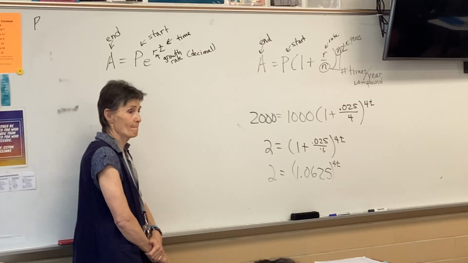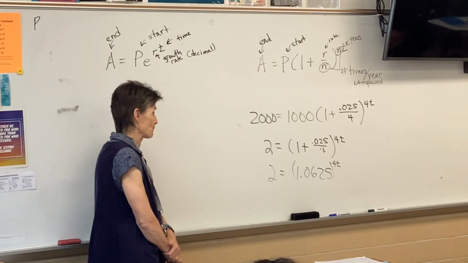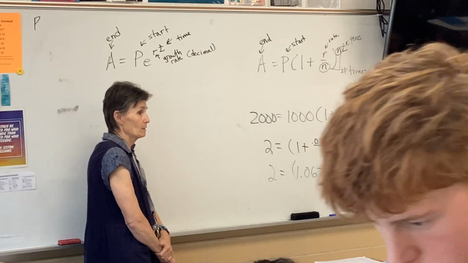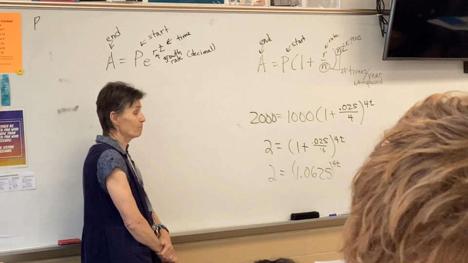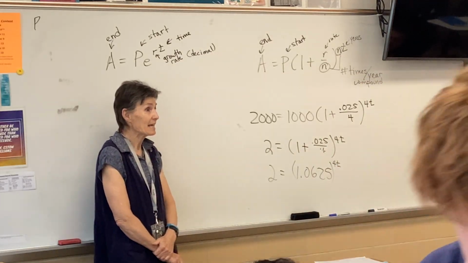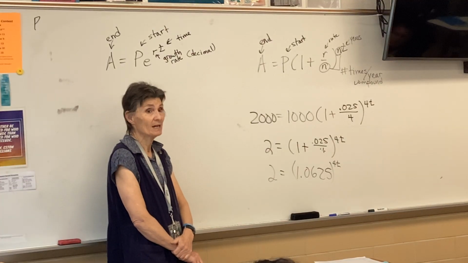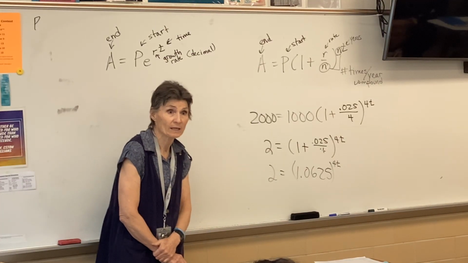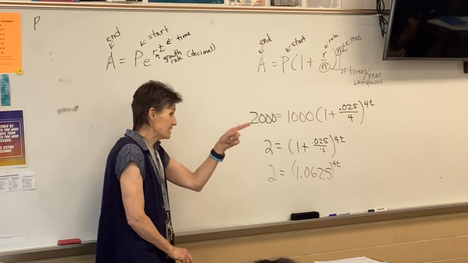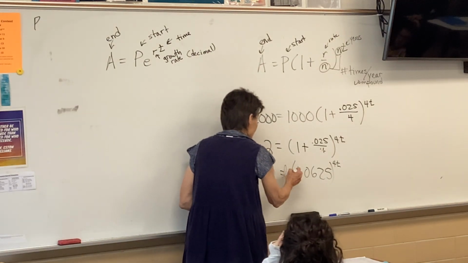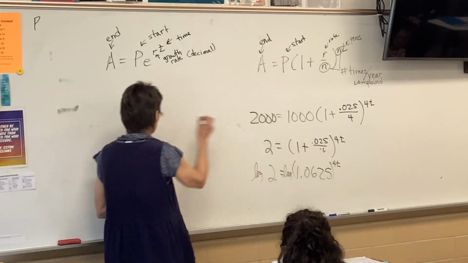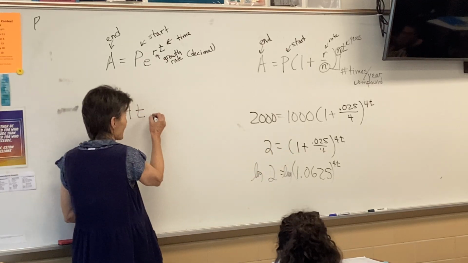All right, now what? Well, how do I get 4t by itself? I can't get 4t by itself because it's an exponent. So I need to take the logarithm of both sides so that the exponent comes out in front.